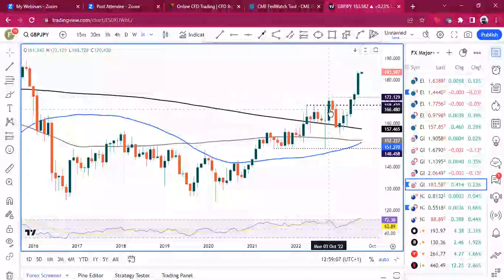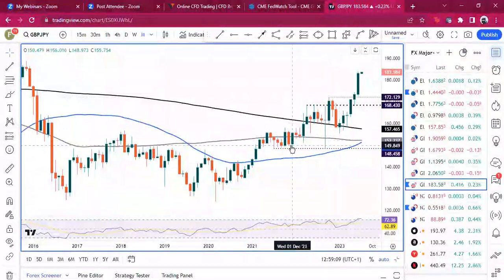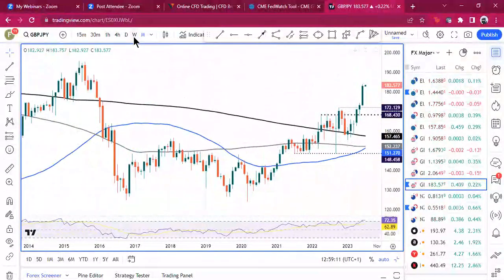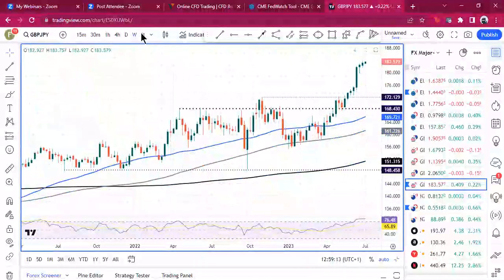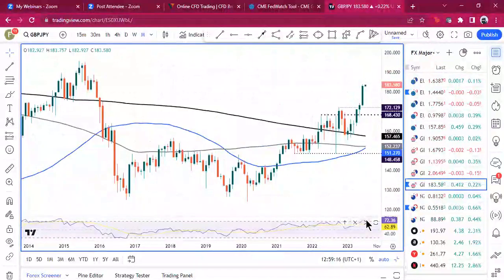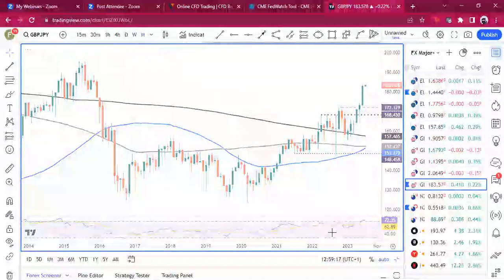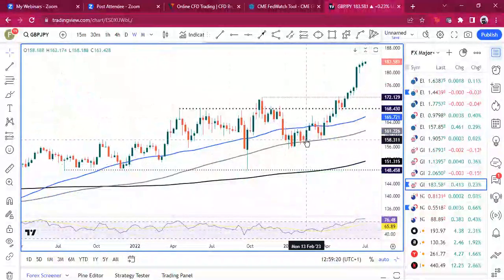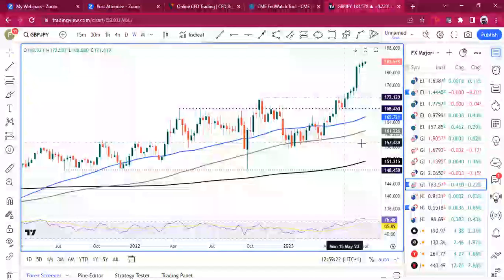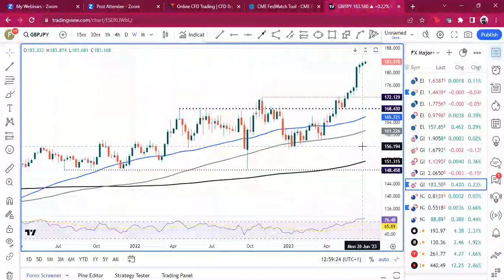And then we had this other high here at 172.12. So, yeah, it's tough to trade. You can see on the monthly, we are overbought on the RSI. We're overbought on the weekly RSI as well. But of course, momentum is strong.